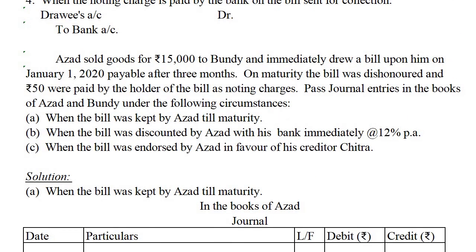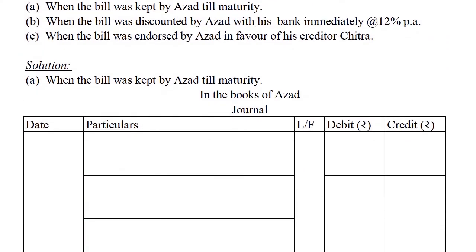What will be the first journal entry? Here it is given, Azad sold goods for rupees 15,000 to Bundy. So we will write the date, 2020 January 1st. On sales, what will be the journal entry? Sold goods on credit. So debtor's account debit to sales.